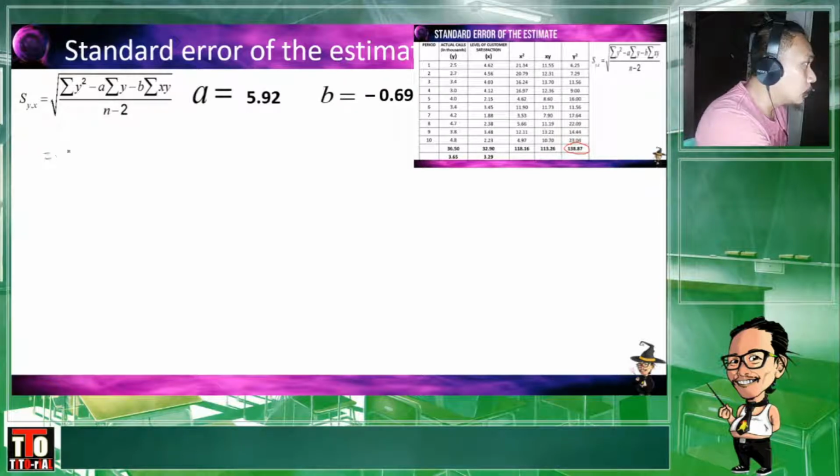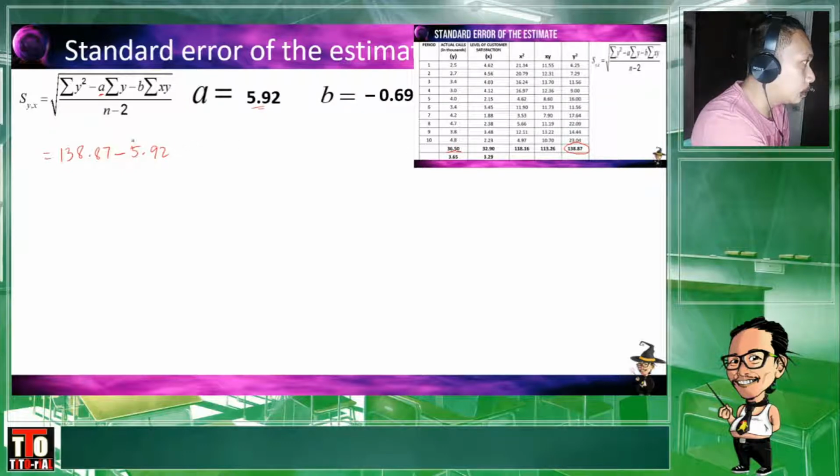So, equals 138.87 minus yung value ng ating A, which is 5.92. Ito siya. Tapos, yung summation ng Y natin, which is 36.50.